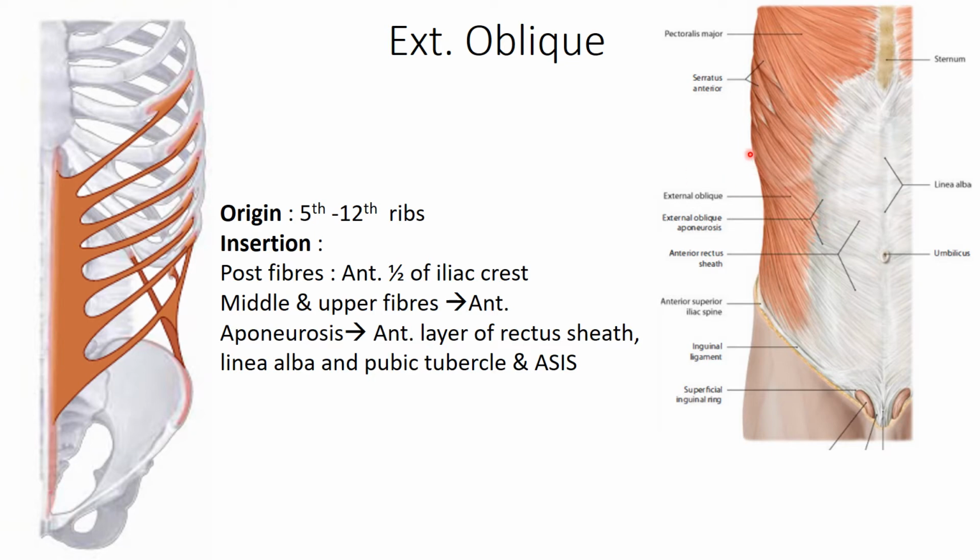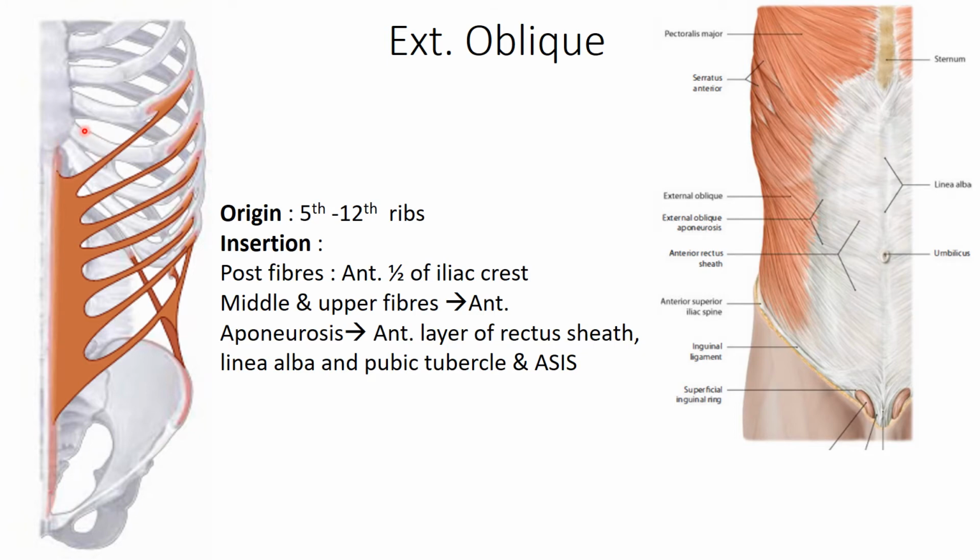So this muscle has three borders. The posterior border is a free border, and it forms the anterior boundary of the lumbar triangle. Then the superior or upper border is a horizontal one from the fifth rib to the xiphisternum, and this forms the anterior layer of the rectus sheath, which envelops the muscle above the costal margin.